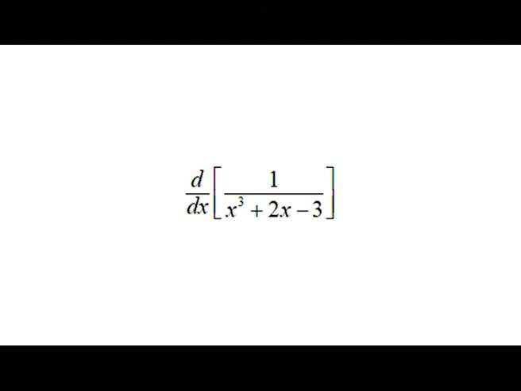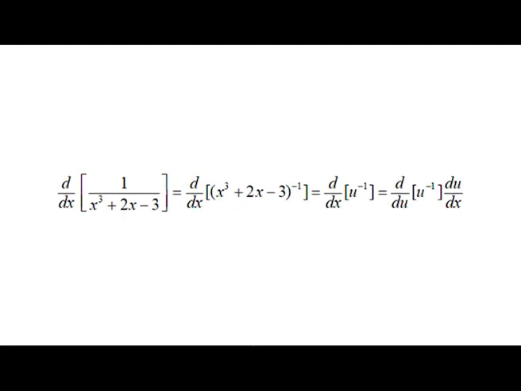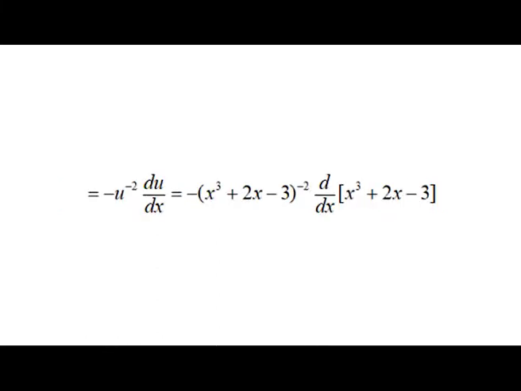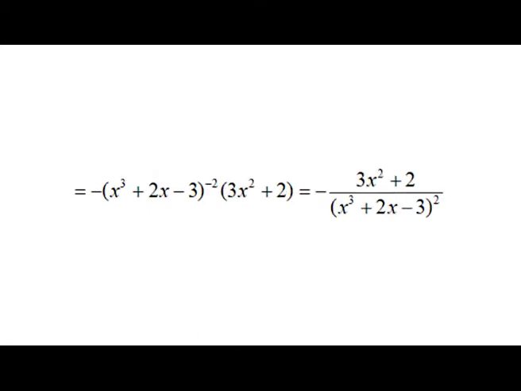If we take u equal to x cube plus 2x minus 3, then d/dx of 1/(x cube plus 2x minus 3) equal to d/dx of (x cube plus 2x minus 3) to the power negative 1, which is equal to d/dx of u to the power negative 1, which is equal to d/du of u to the power negative 1 times du/dx, which is equal to negative u to the power negative 2 du/dx, which is equal to negative (x cube plus 2x minus 3) to the power negative 2 d/dx of (x cube plus 2x minus 3), which is equal to negative (x cube plus 2x minus 3) to the power negative 2 times (3x square plus 2), which is equal to negative (3x square plus 2) upon (x cube plus 2x minus 3) whole square.